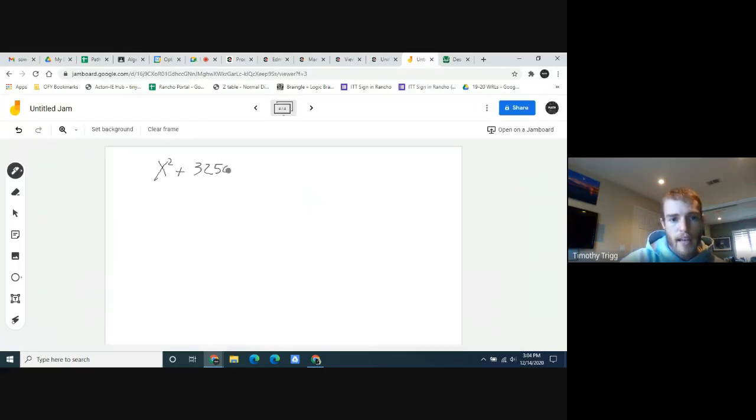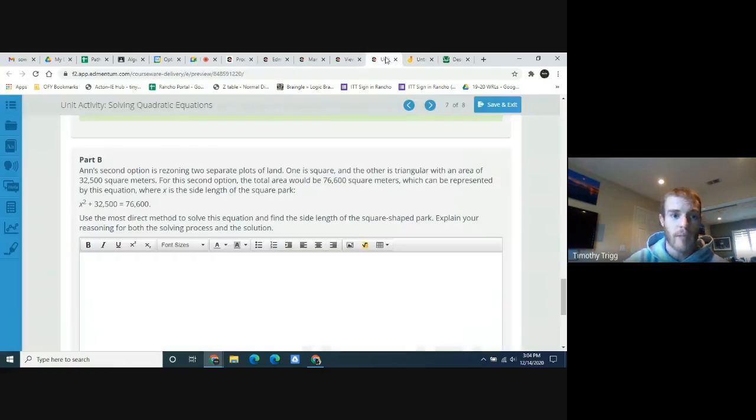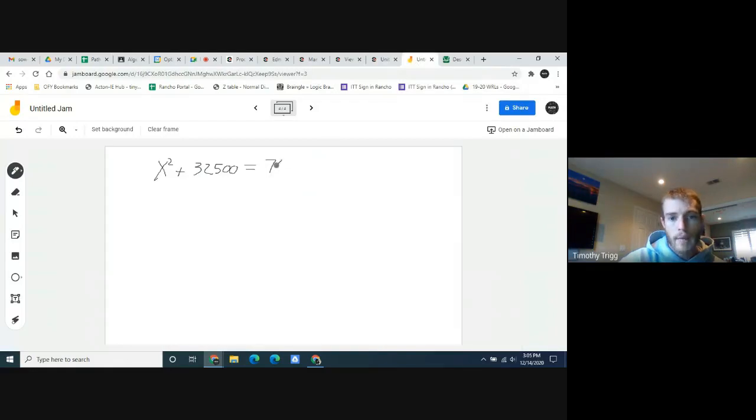Whenever it doesn't have an x term, you actually don't need to use the quadratic formula. You still can use the quadratic formula. Quadratic formula is always an option. It'll always work. But you don't have to in every case. And if you don't have an x term, you just have an x squared term and a constant, and it's equal to a constant over here as well, then you could just solve it like I'll show you here.